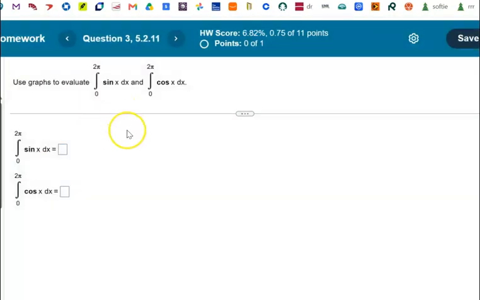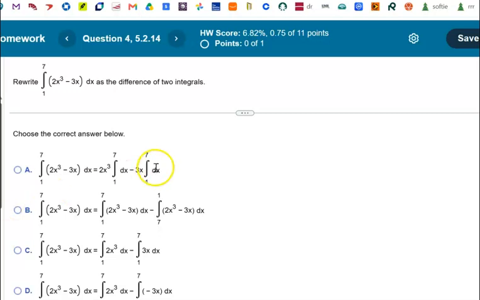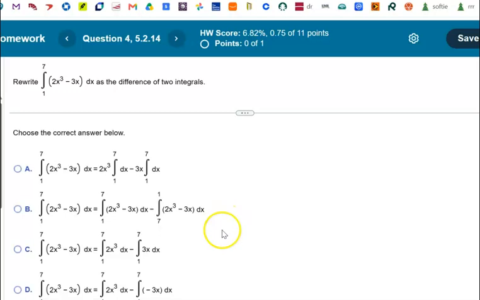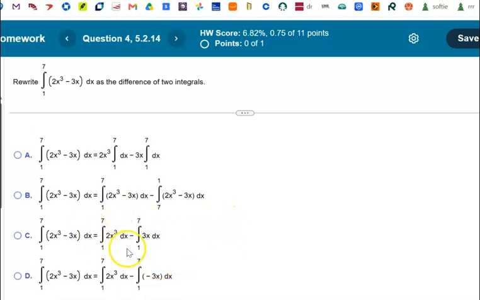This one, if you look at the graph, I think you might be able to figure this out using the concept of net area. So I would just graph these. Using your property. So if you want to subtract them, this one's straightforward. If you go from 1 to 7, the difference, you just break it up. So it should be this one, right? It's just 2x cubed from 1 to 7 minus 3x from 1 to 7.